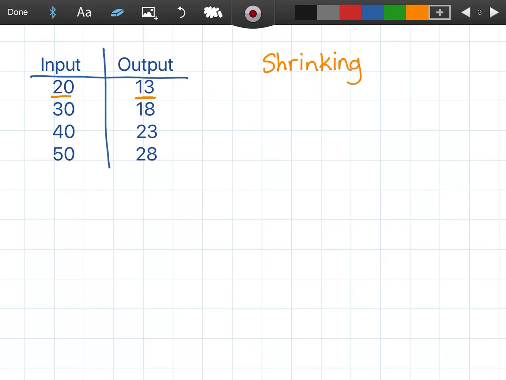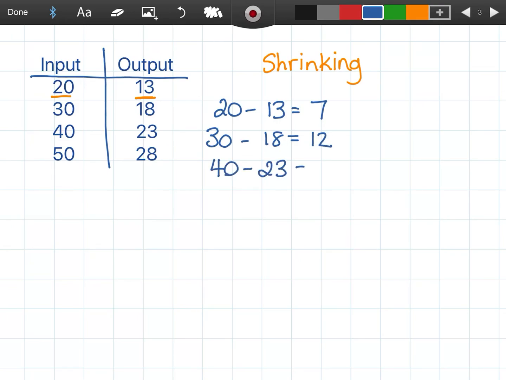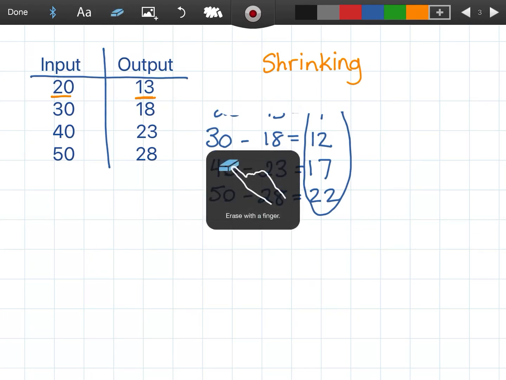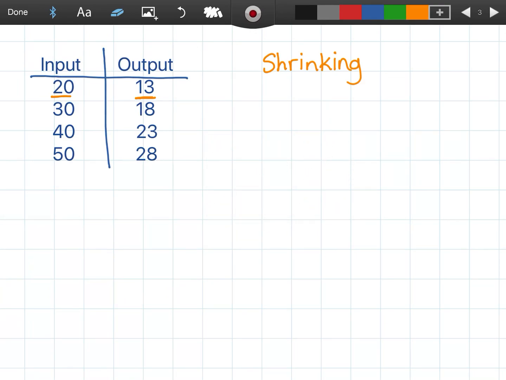So let's start with subtracting. 20 take away 13 is 7, 30 take away 18 is 12, 40 take away 23 is 17, 50 take away 28 is 22. Because these are not the same number, we can determine that this is not a shrinking pattern gained by just subtracting.